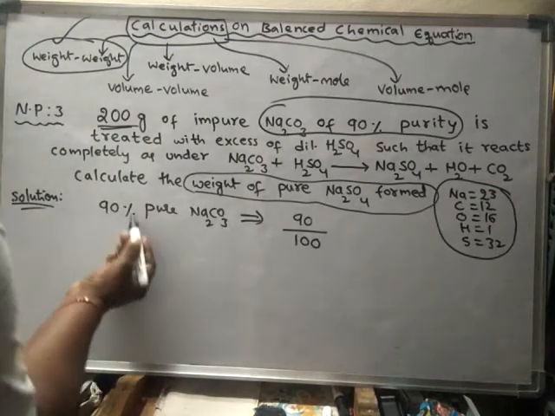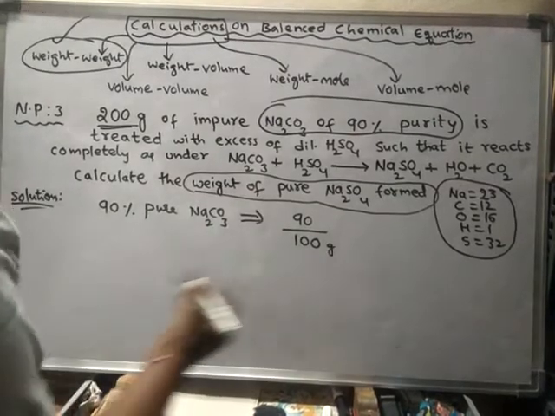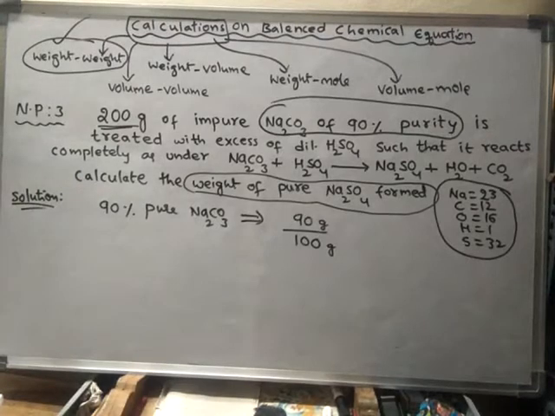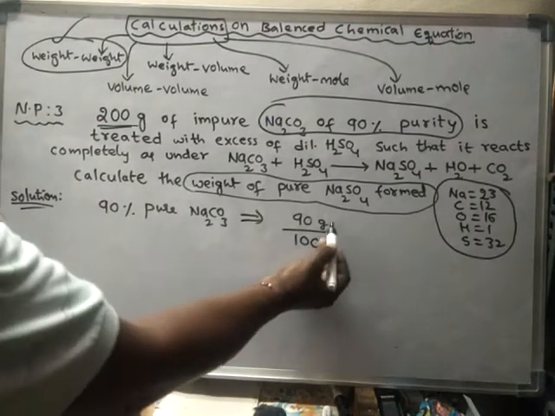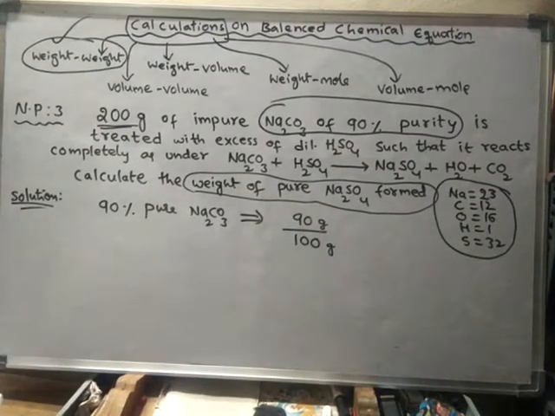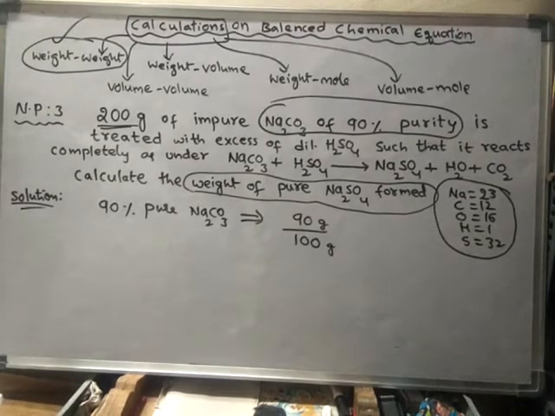So out of 100 grams of the substance, only 90 grams of Na2CO3 is present, and the remaining 10% is impurity.